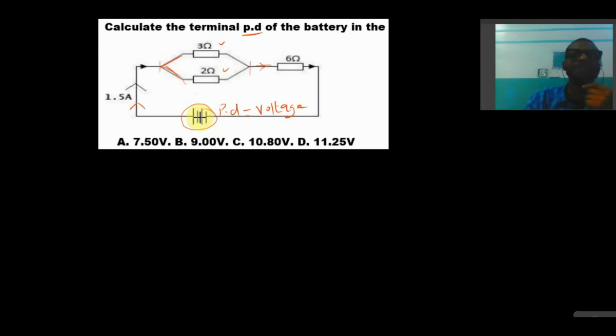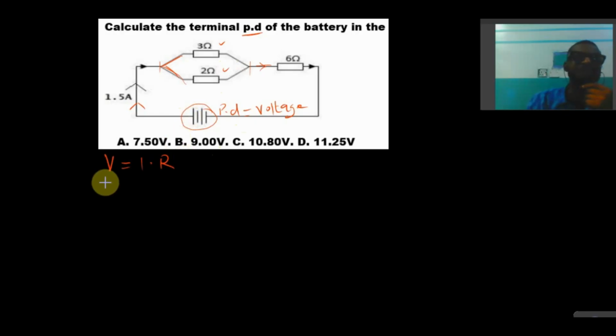Now for us to find the voltage of this battery, we need to apply Ohm's law that says V, which is voltage, is equal to the current multiplied by the resistance in the circuit. When I say resistance, I mean the total resistance in the circuit, not only one of them, because what we are looking for is the total voltage in the circuit.